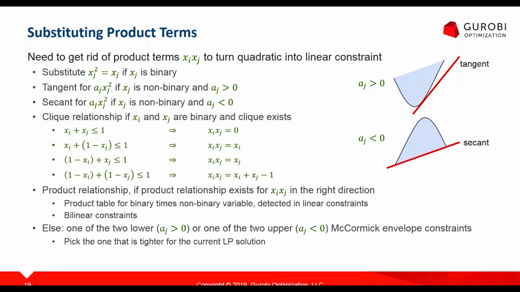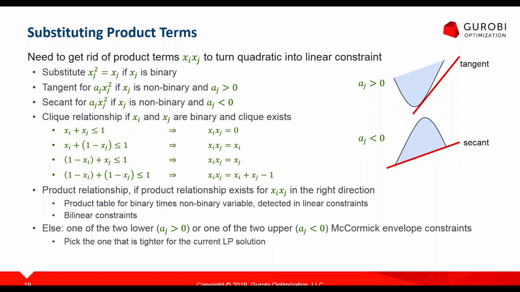So, substitution. We have multiplied our constraint by xj, so we get all those product terms xi xj. And we have to get rid of them by replacing them with a linear term. Now there are several cases that we can consider. Let's assume that i is actually equal to j.